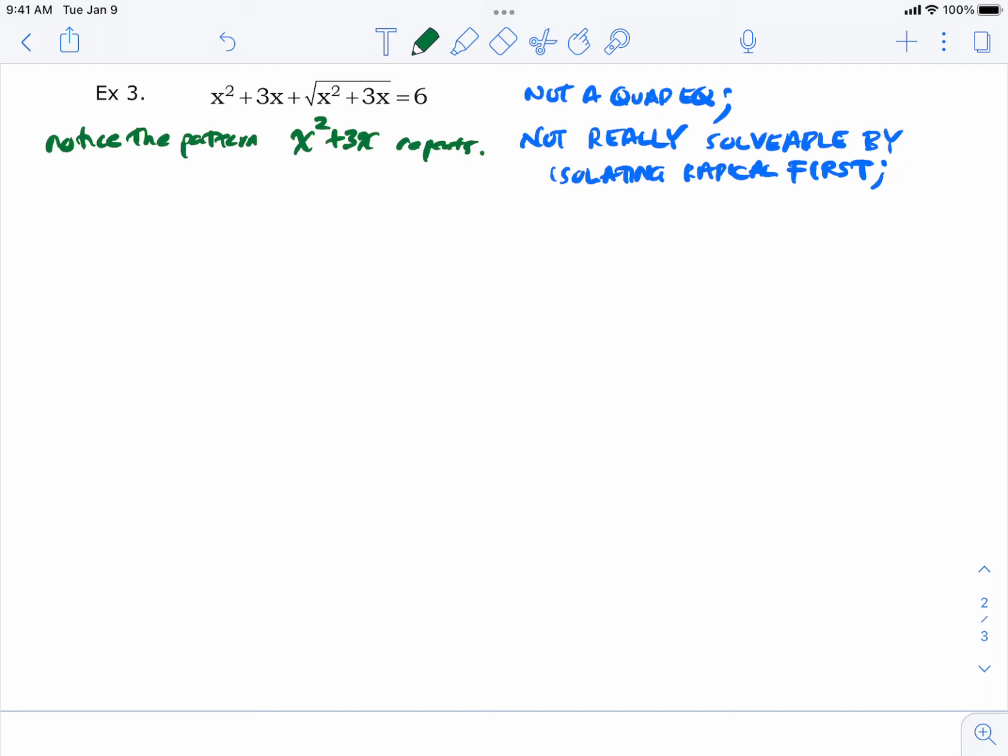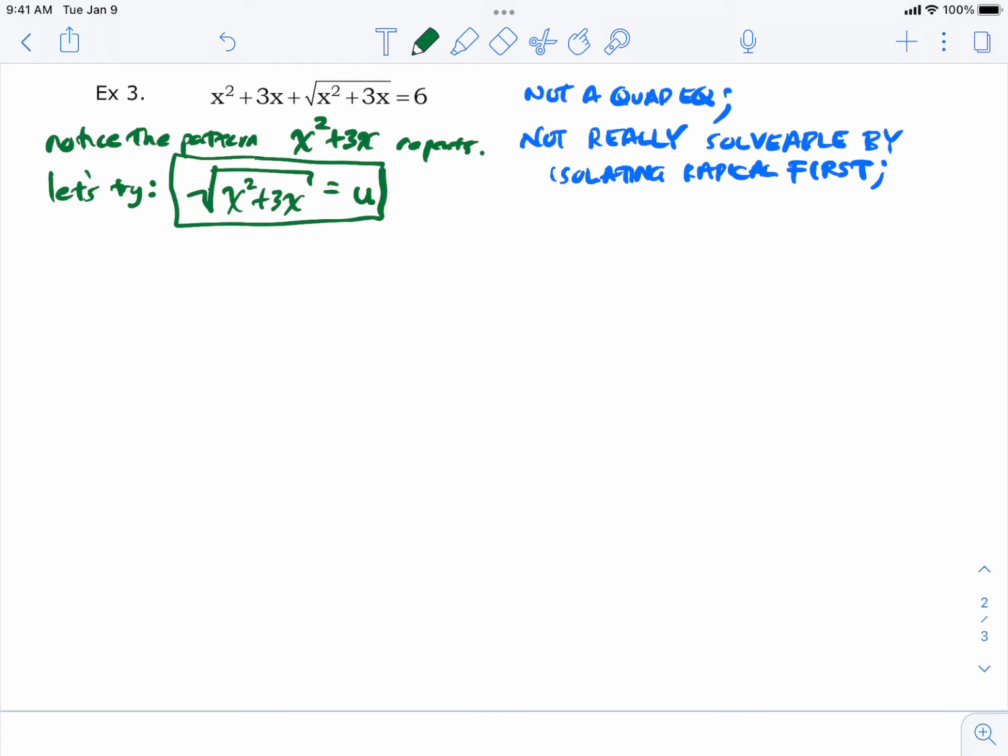Okay, now think a little bit further. We would like it to be squared in one spot, not squared in the other spot. So let's try, and there's different ways you can approach it, but let's try. If I set this square root part, okay, I'm going to circle that because that's going to be my definition. I'm going to call that my new variable u.